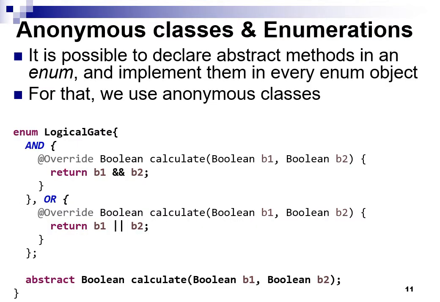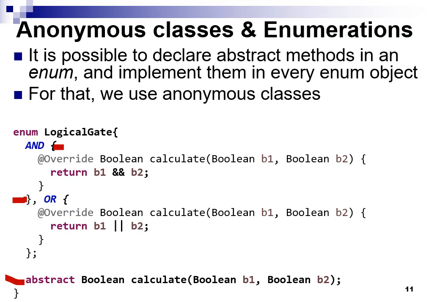It's also very interesting that this idea of anonymous classes can be used in combination with enumerations. Remember, enumerations are objects. And using this syntax for anonymous classes, where I open the curly brackets here, we can, for example, declare abstract methods inside an enumeration.